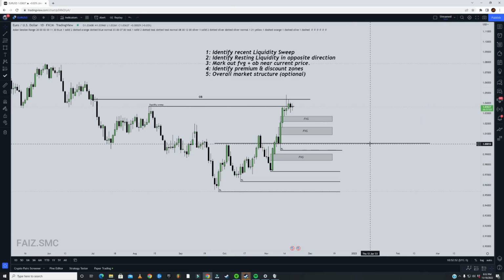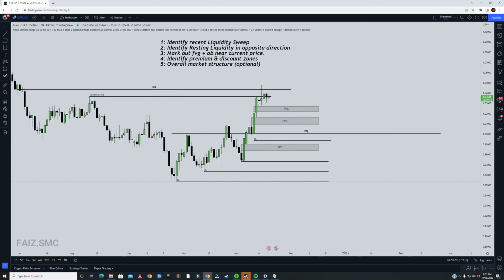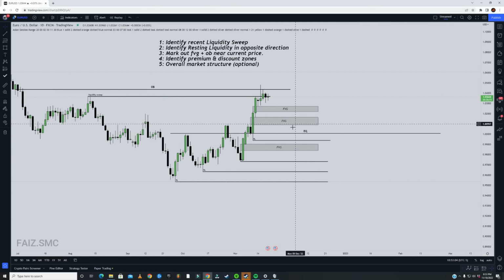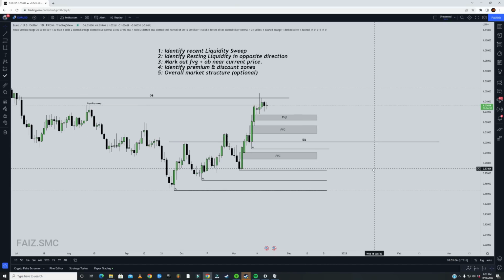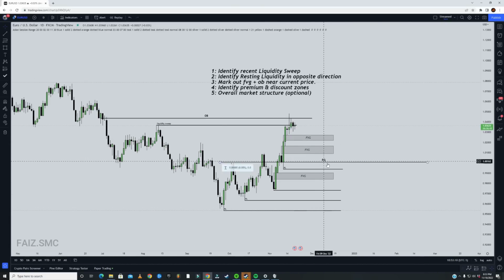So now that you have your equilibrium level, sorry guys, it's hard for me to pronounce that because of my native language, I'm gonna mark this out by EQ, okay? So anything below the 0.5 level or EQ is considered to be in a discounted zone, right? And anything above EQ or the 0.5 level of Fibonacci is considered to be in a premium zone.